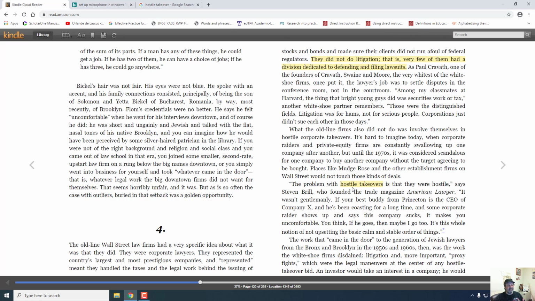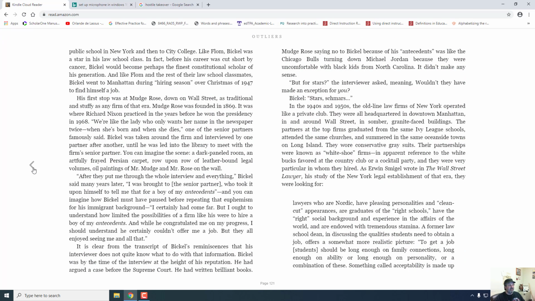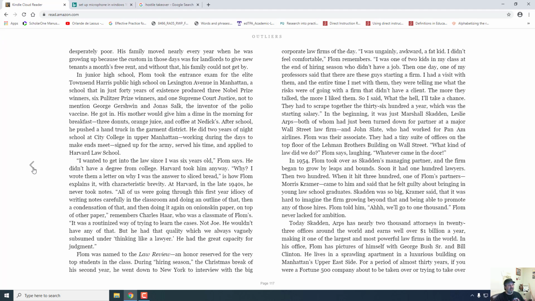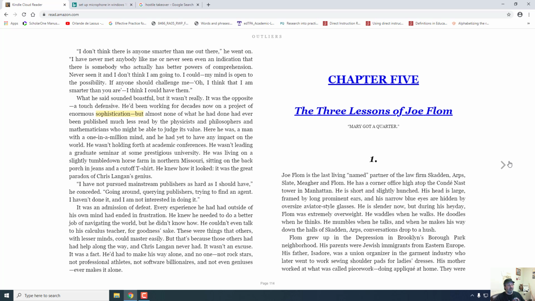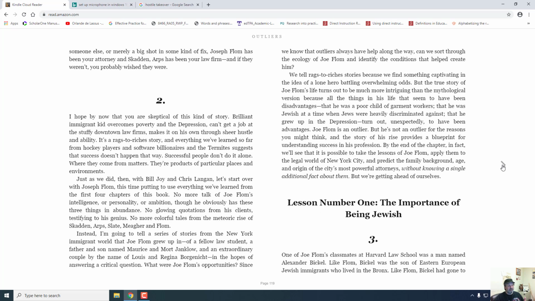At the point where you're done with today's activity, you should really be able to explain to me everything we just talked about. Like, why is Flom important to this discussion? What makes him an outlier? And now we're looking at those maybe unexpected things, but we know they tie into these bigger themes.